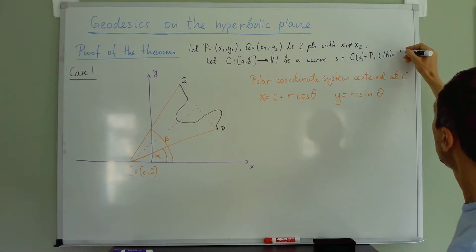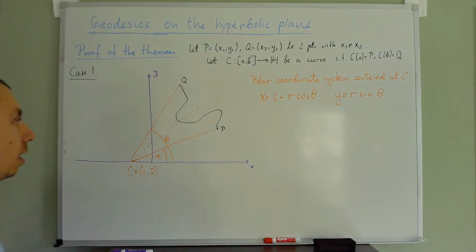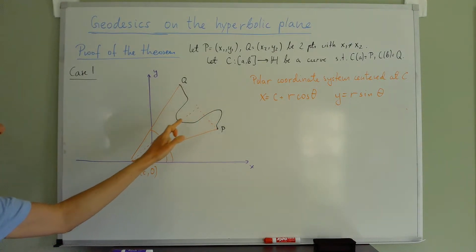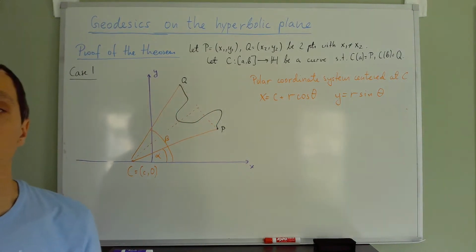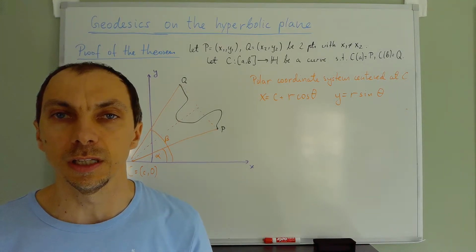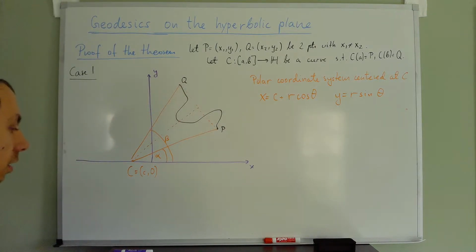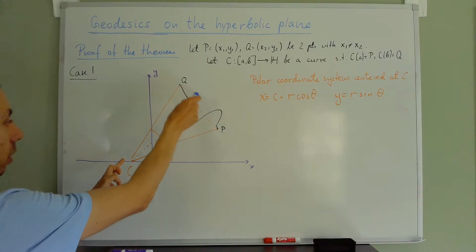So what will we do? We will show that the length of this curve is always greater than or equal to the length of a Euclidean circle centered at C going through points P and Q. I'm not drawing this circle here.